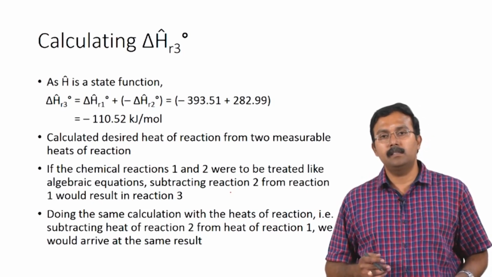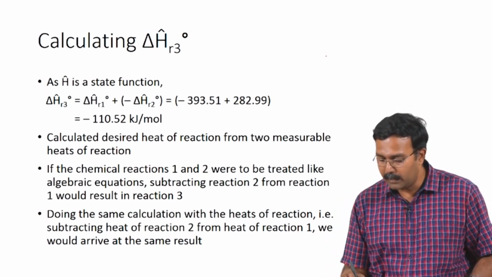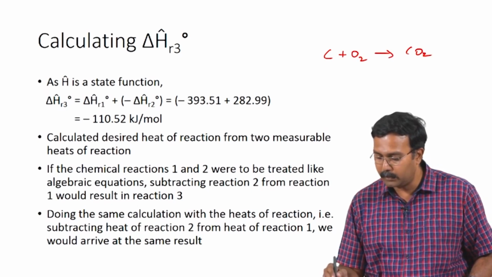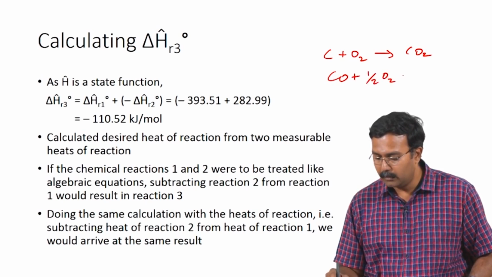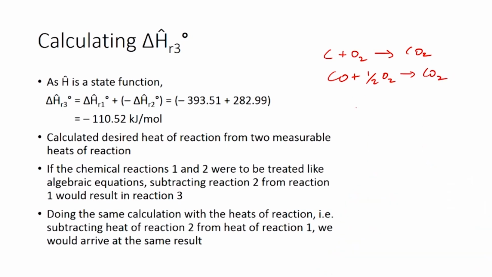You can verify this using the equations that we have. The first reaction was carbon plus oxygen forms carbon dioxide, the second reaction was carbon monoxide plus half oxygen forms carbon dioxide, and the desired equation was carbon plus half oxygen gives carbon monoxide. How do we get this?